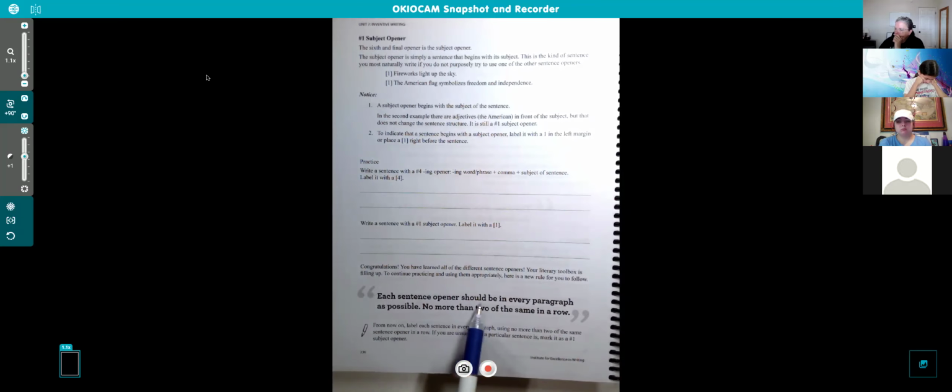Each sentence opener should be in every paragraph if possible, no more than 2 of the same in a row. All right. I know we rarely have time for these other pages. That's okay. You can look at them later for your homework.